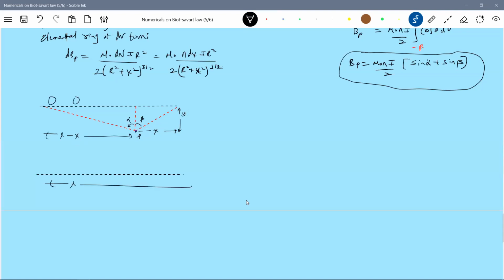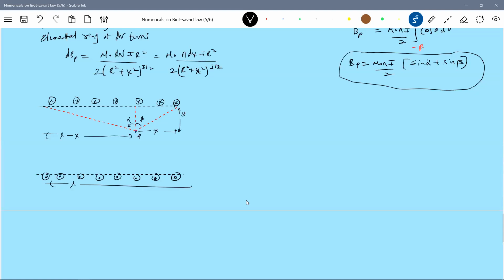Again, the same current element is what you have to show. See this now. So how do you bring alpha and beta here? I think it'll be quite easy.